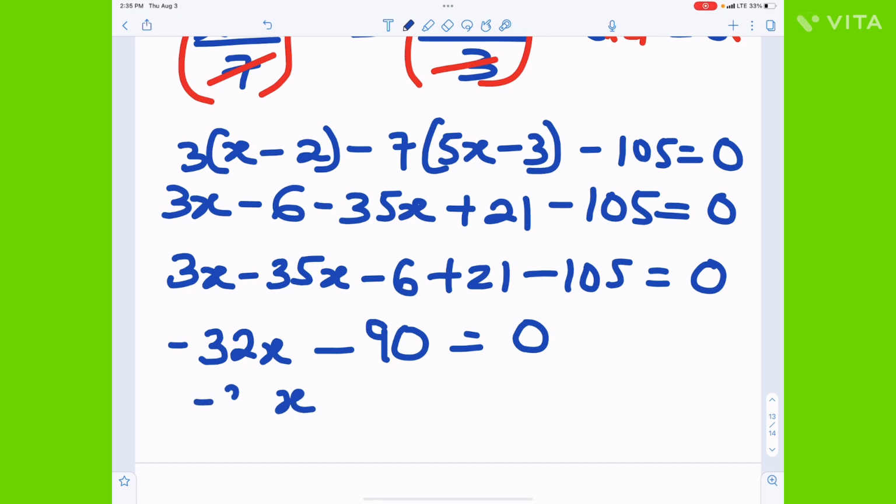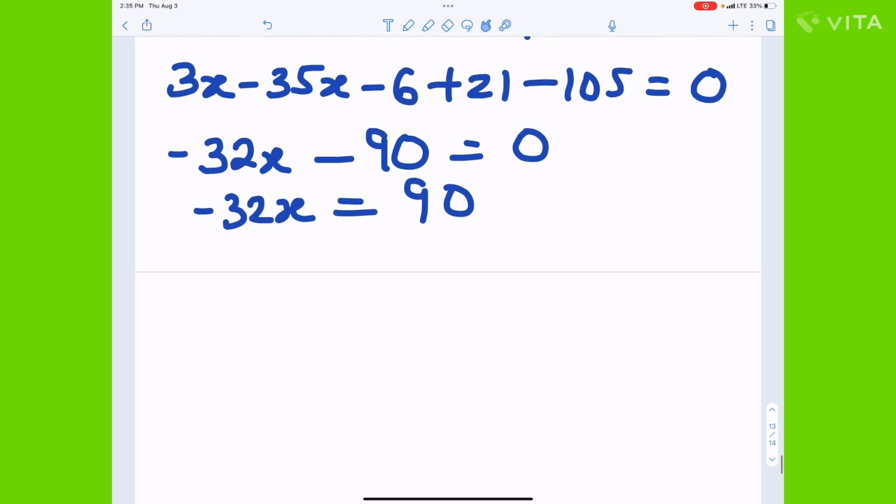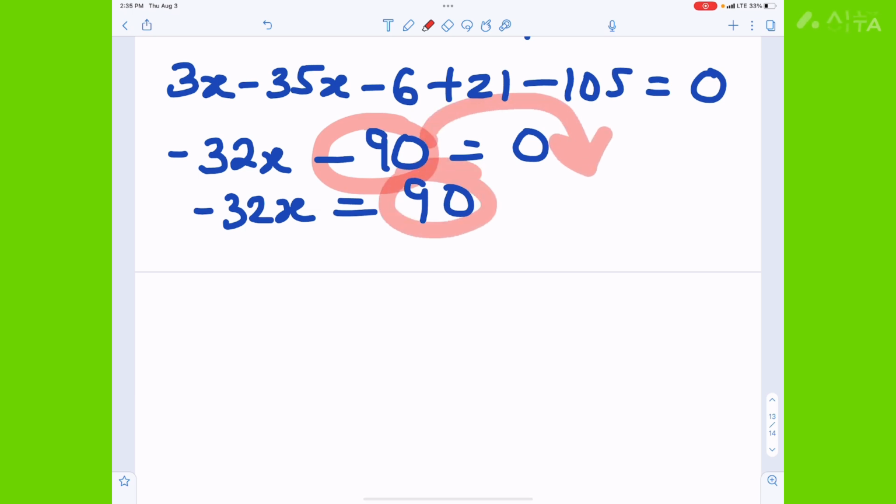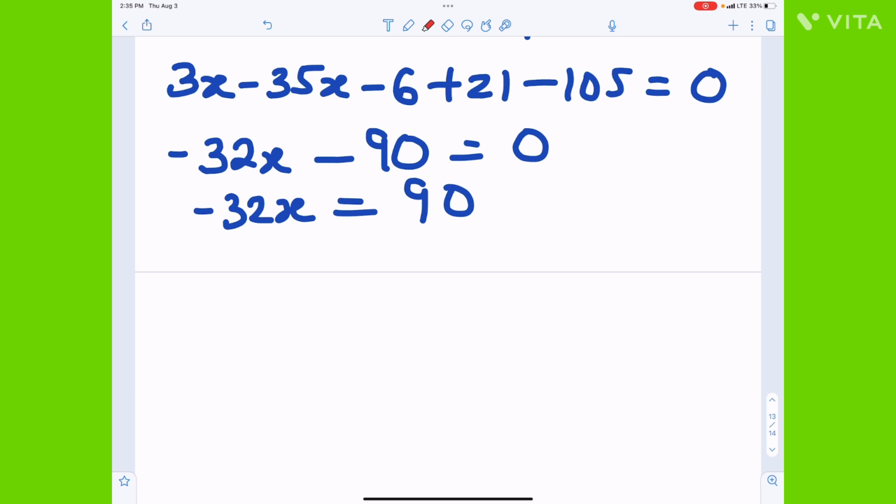So minus 32x is equal to what? 0 plus 90, 90. You know how I got 0 plus 90? If you take minus 90 to the right-hand side, it will become plus 90. So this becomes 0 plus 90. That's how we got plus 90. Is that clear?